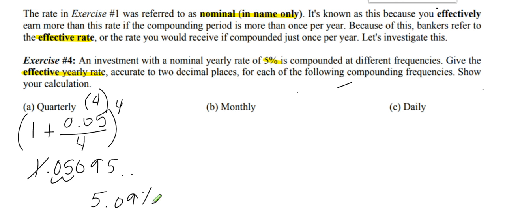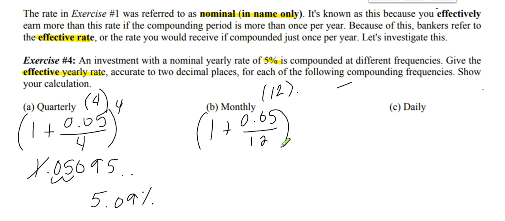Then we're going to look at monthly. Typically you think, okay, we compounded quarterly by 4, now monthly would be by 12, so you would think that you would get more money. Well, let's check it out. I have 1 plus 0.05, because we're still using that 5%, divided by 12, all to the 12th power.